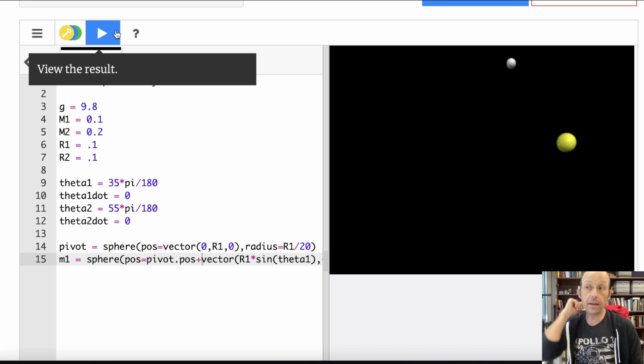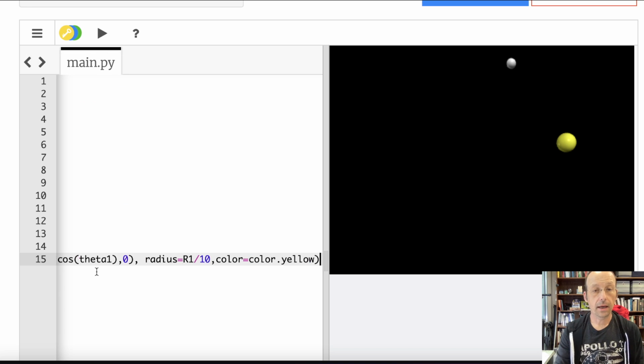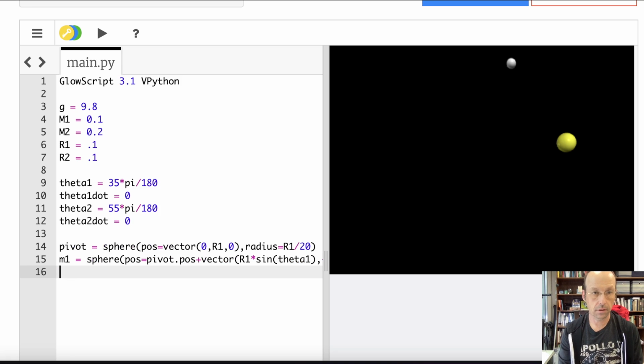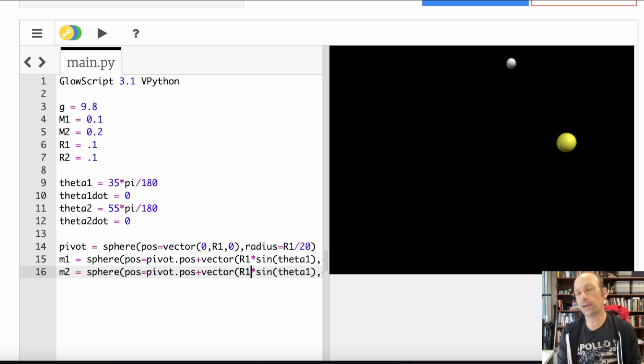Okay, so there's my pivot and there's mass 1. I'm pretty happy. Okay, now let's make mass 2. Let's actually just copy this whole thing. Okay, M2, let's just copy it and change everything. So M2 is going to be equal to sphere, pivot. Now I can do a little trick here, right?